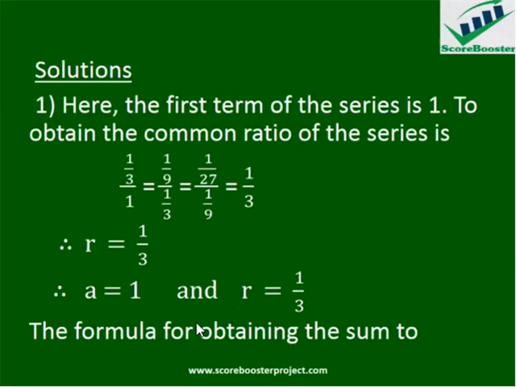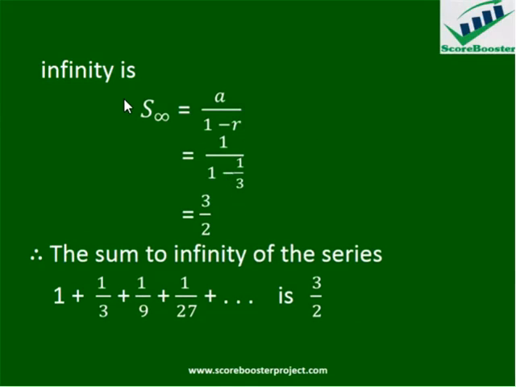So the next thing to do now is to obtain the sum to infinity of that particular series. The formula for sum to infinity, as we have obtained, equals a over 1 minus r.